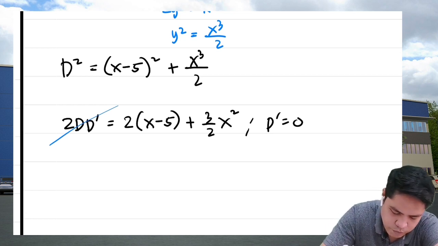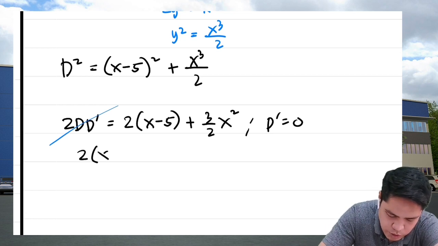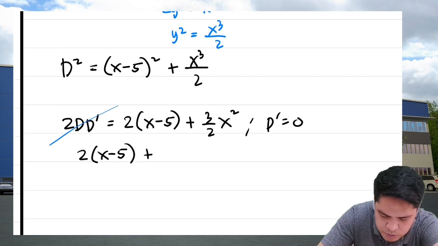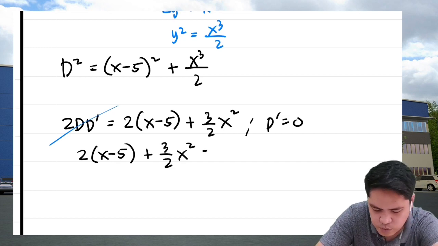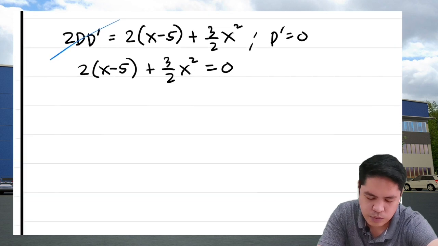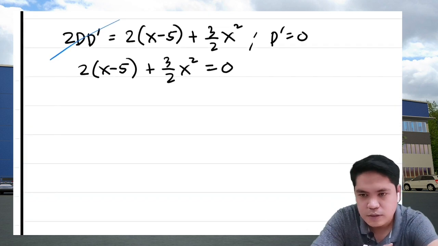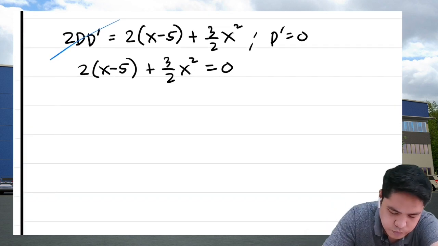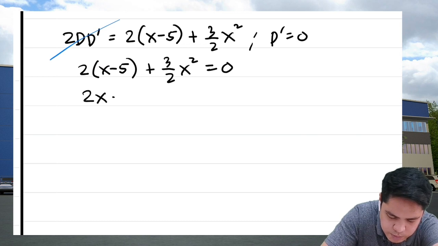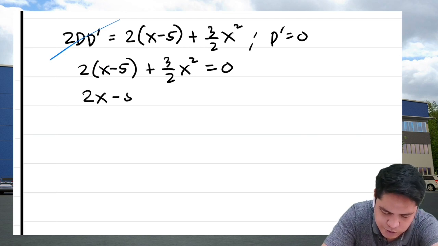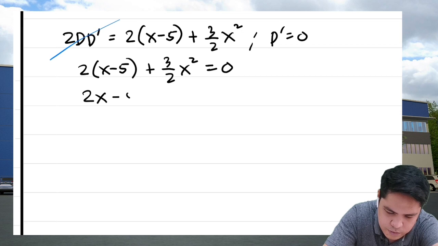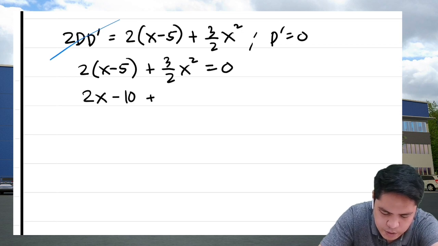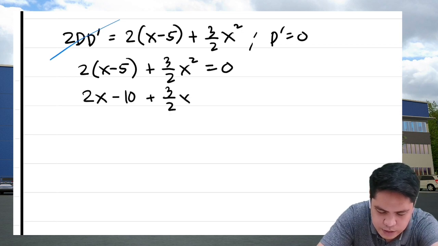So we are left with 2 times x minus 5 plus 3 halves x squared. Then all we need is to get the value of x. So it's easy. We'll have 2x minus 10 plus 3 halves x squared.